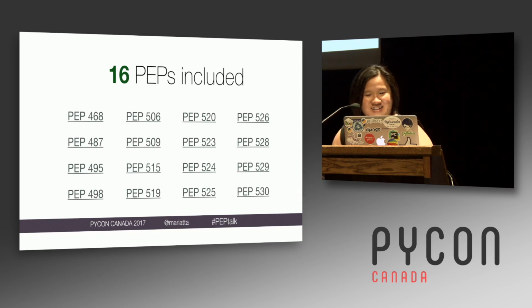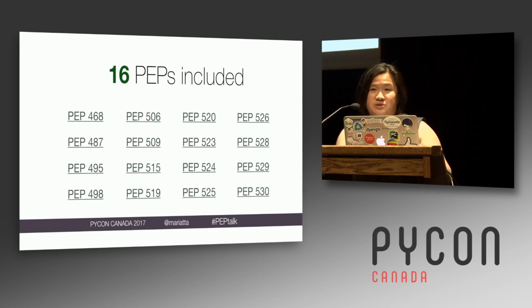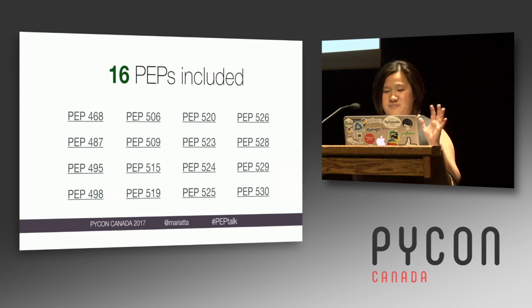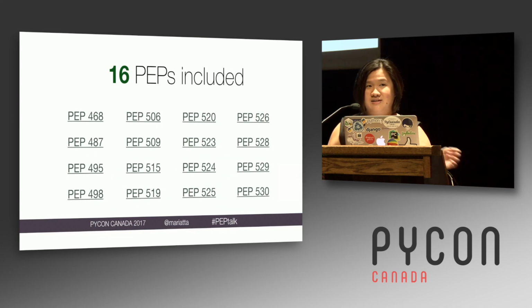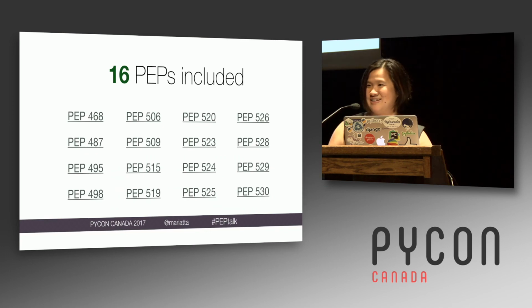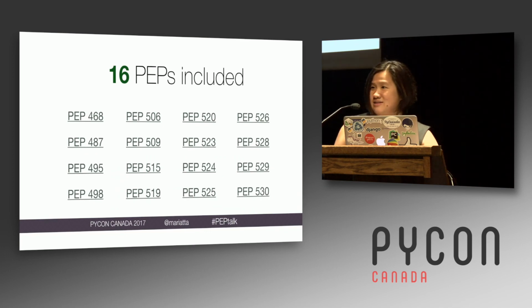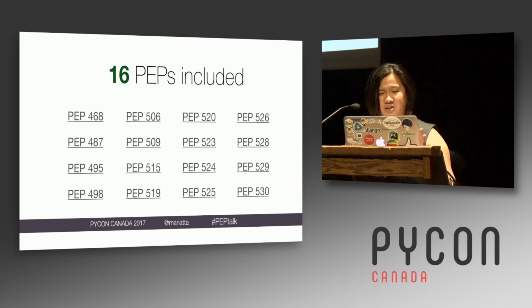Life-changing things that make Python better. You now know what it took to put one in, and there are 15 others just like that. These are the things that make Python faster, more secure, better than ever before. All the things you've always wanted, like async I/O, type annotations, local time disambiguation.